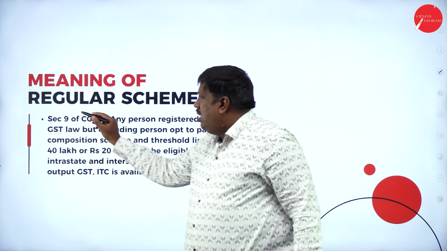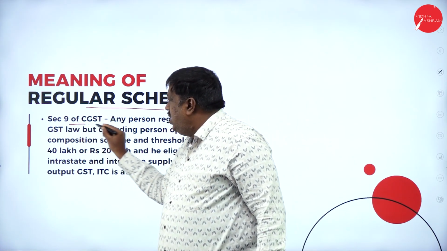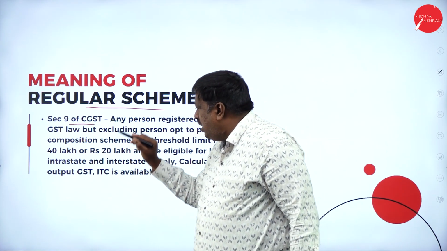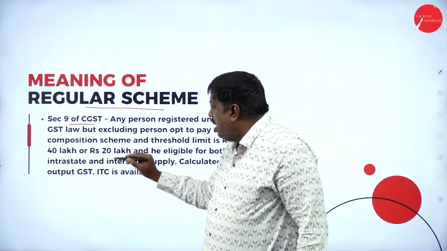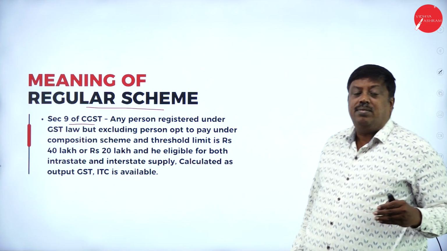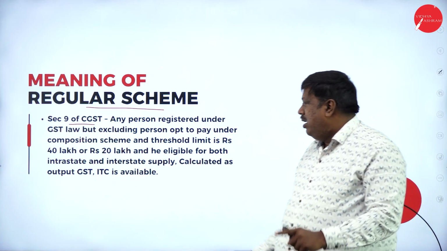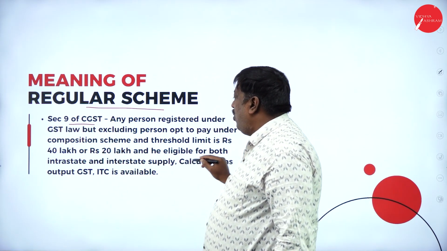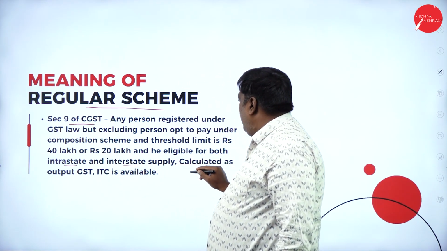Next we have the regular scheme. What is this regular scheme? Section 9 of the CGST Act says it is any person registered under GST law, but excluding persons who opt to pay under the composition scheme. They're saying that if one is registered under the regular scheme, then the threshold limit is 40 lakh or 20 lakh, and he is eligible for both intrastate and interstate supply.